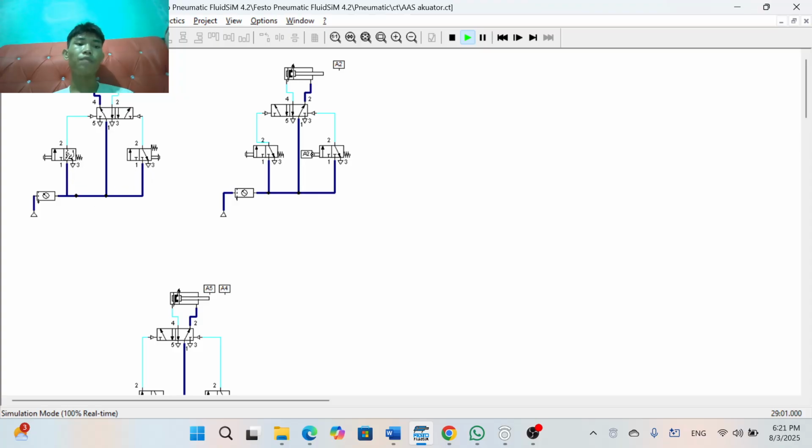After the air is filtered by the air unit surface, the air will be forwarded to the push button 3 per 2 on the left and right. When I press the push button on the left, the air will be forwarded to the valve 5 per 2, so the cylinder will be extended.